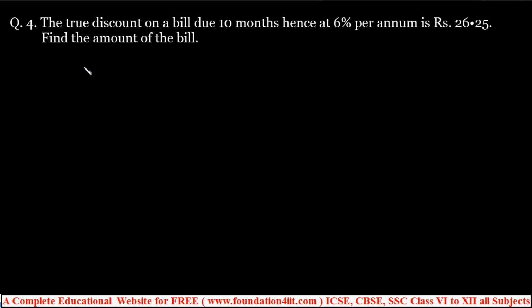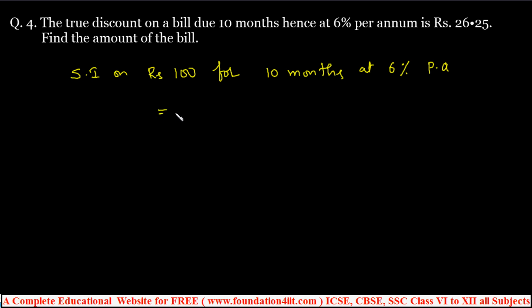Let us calculate the simple interest also. And simple interest on rupees 100 you take, for rupees 100 for how many months? Yes, as per the question, 10 months at 6% per annum rate of interest. Okay, already that simple interest is PTR by 100, right? Formula.